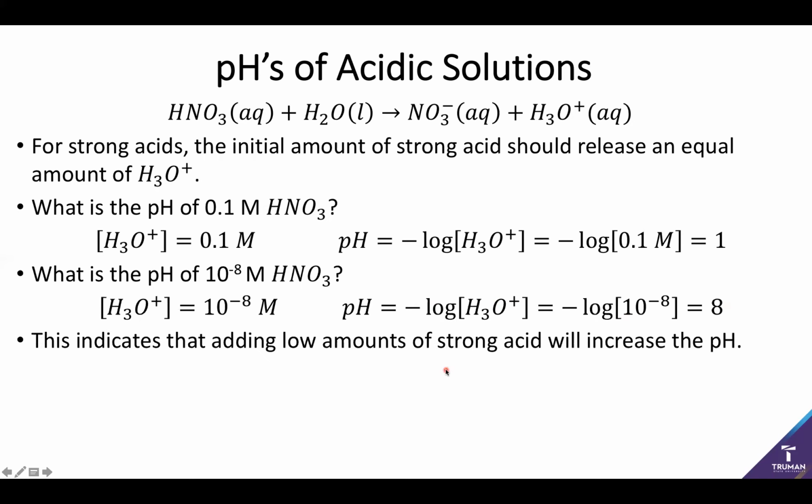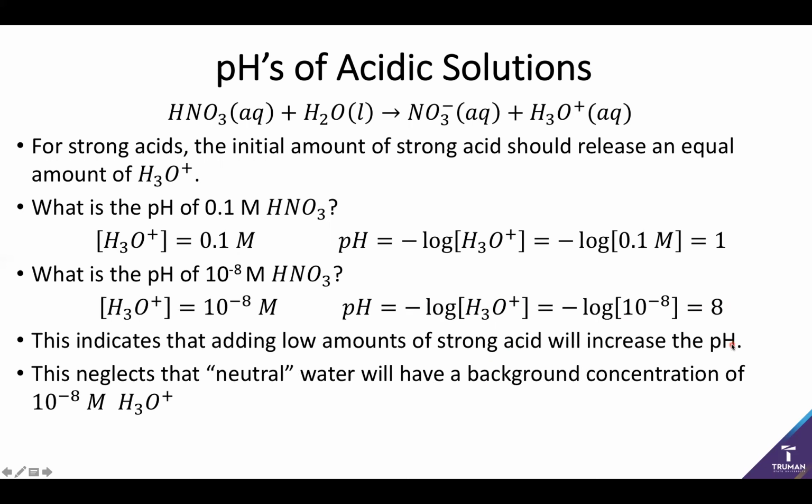This indicates that if I add a small amount of a strong acid, I will increase the pH, as in make the solution basic. That doesn't quite track. And this is a good illustration of one of the approximations we made. If I've got neutral water that I'm adding this nitric acid to, it should have a background concentration of 10 to the negative 7th molar hydronium.